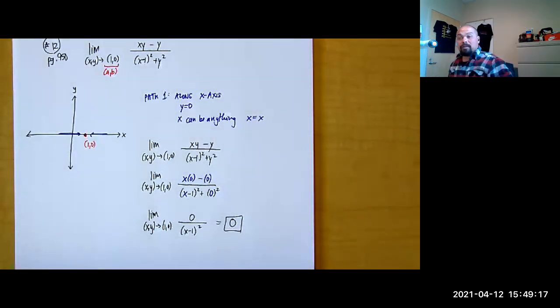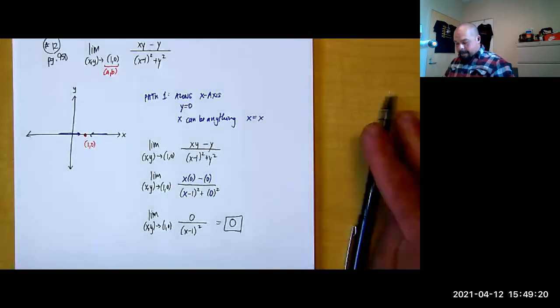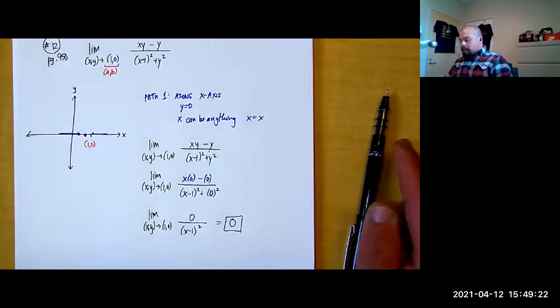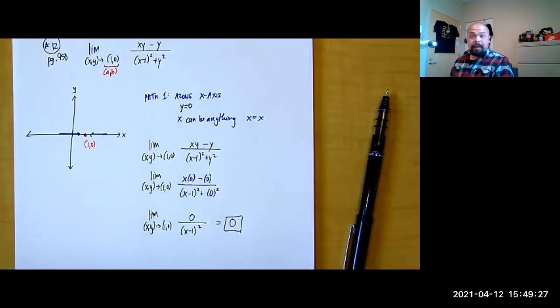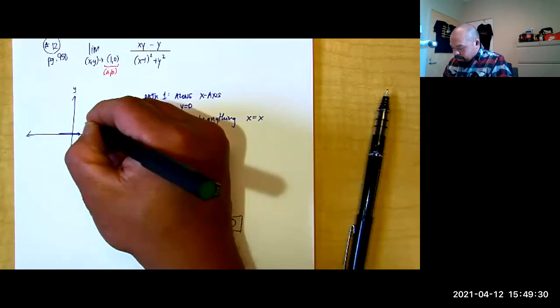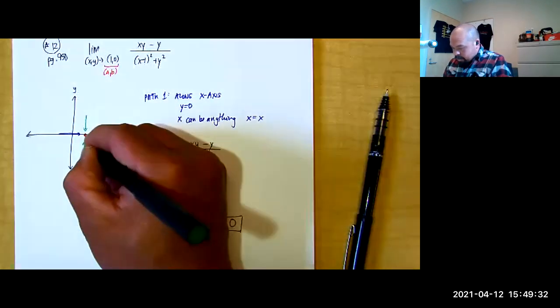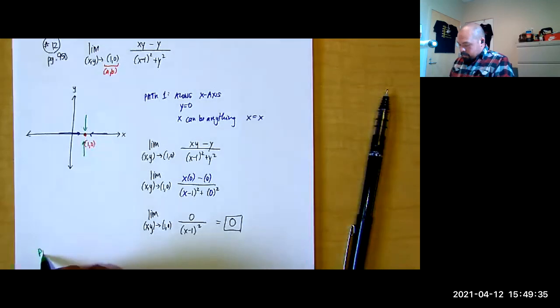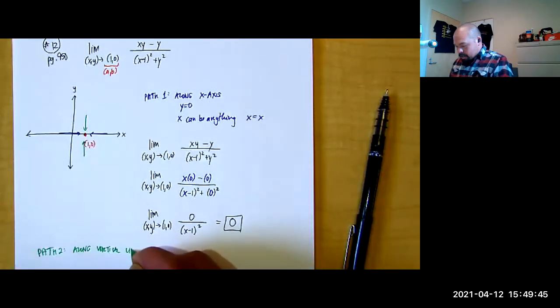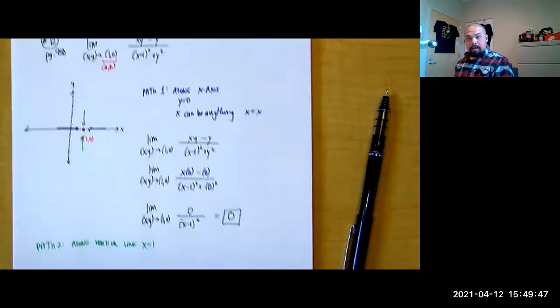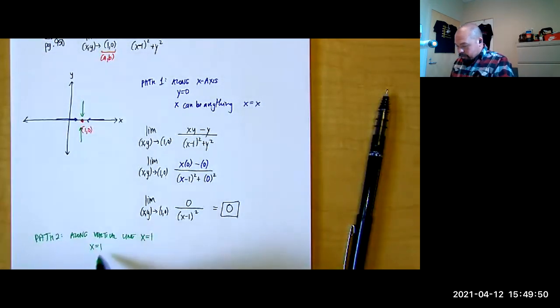But now we see, is this going to work for other paths? So for a second path, I'm going to go this route. Again, we can do a lot of different variations, but let's say this next path, we're going to go along that vertical line where x equals 1. So x is equal to 1 everywhere, y is equal to y, it can be anything.